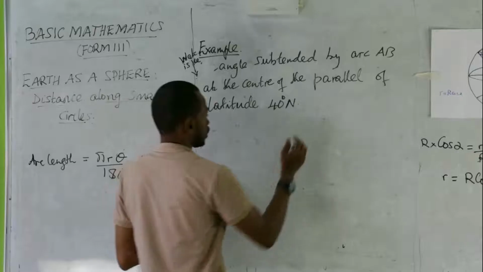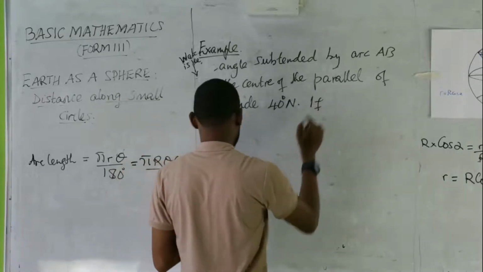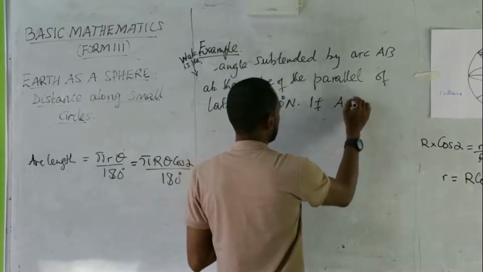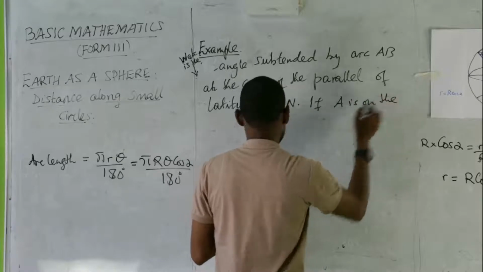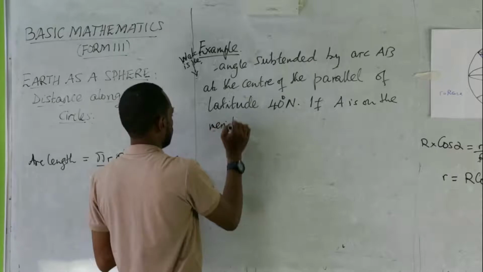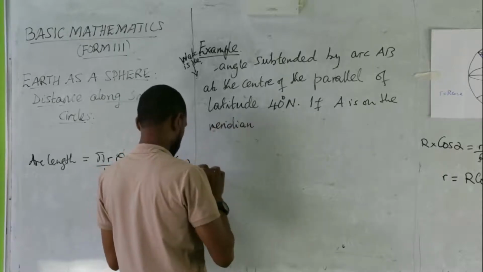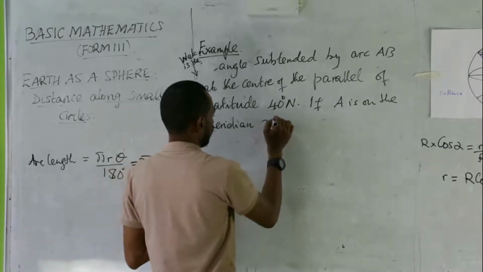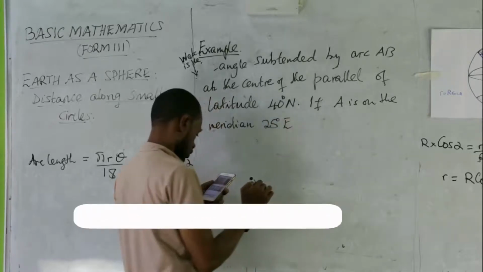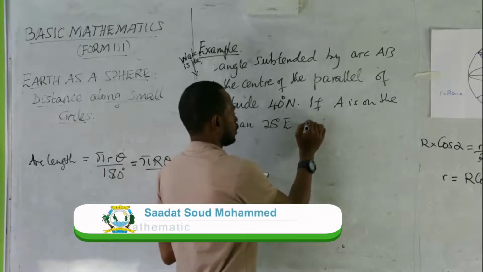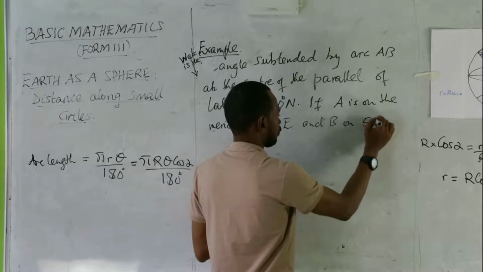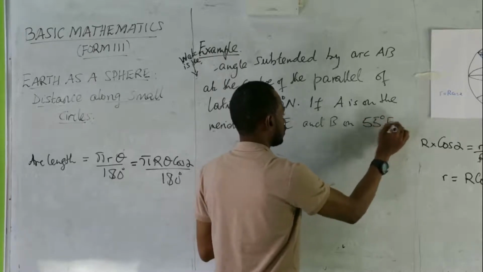If A is on the meridian 25 degrees east, and B on 55 degrees east.